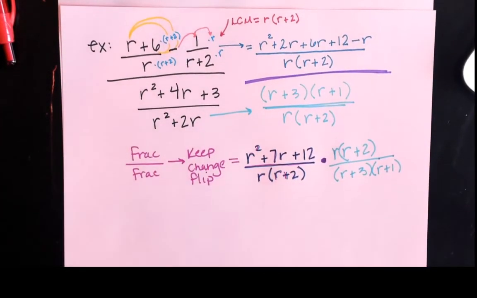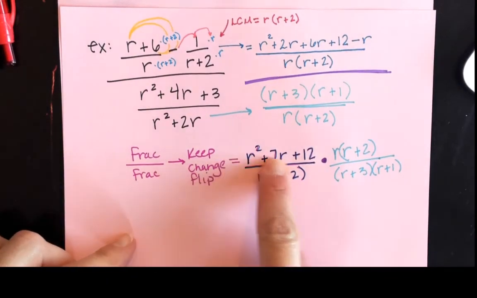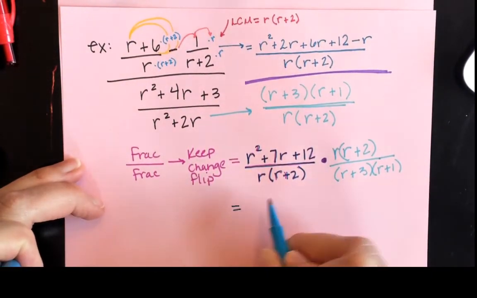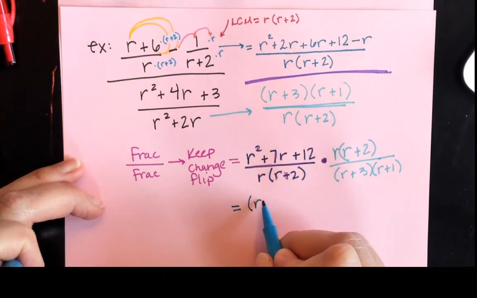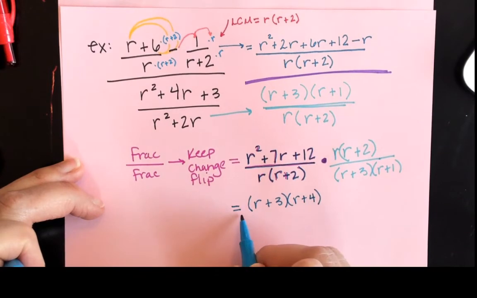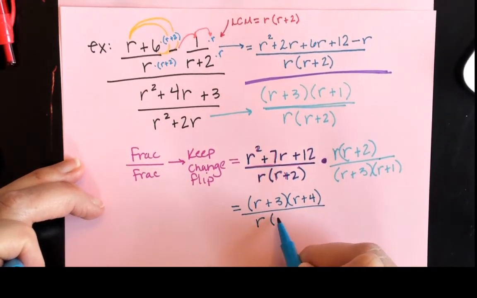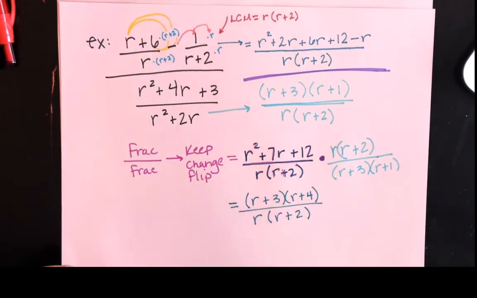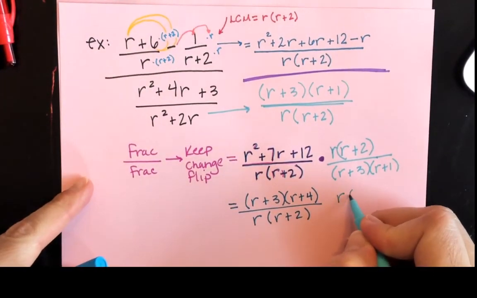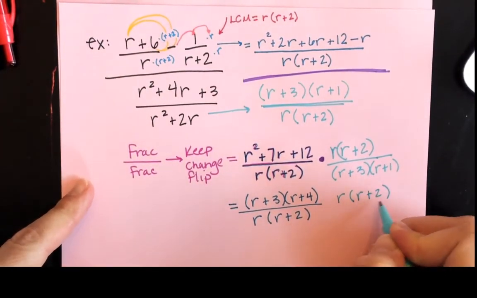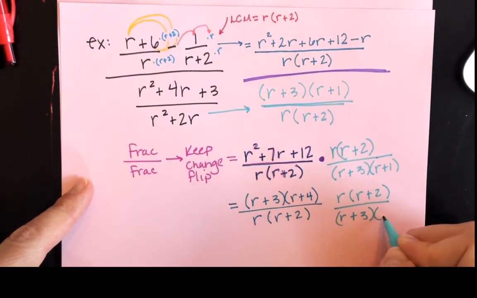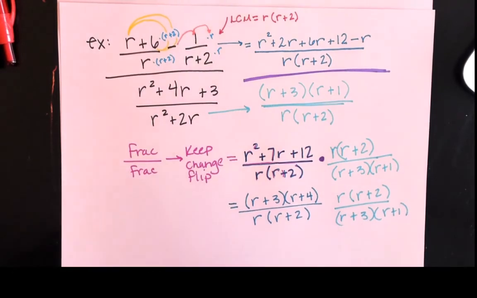So the only thing that I need to worry about now is factoring the numerator. And like I said, that's the one that's my go-to for whatever reason. r plus 3, r plus 4, and our r times r plus 2. At this point, some of you have already reduced. We have our r and r plus 2, r plus 3, r plus 1.